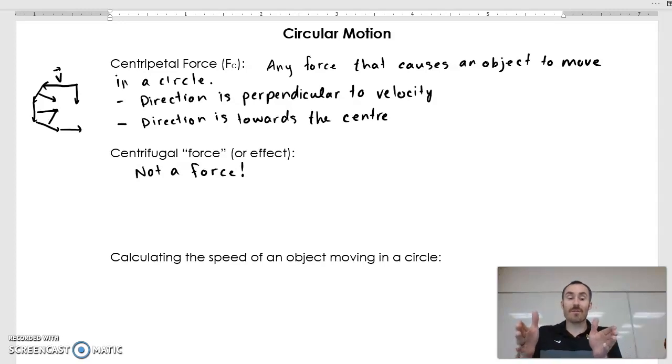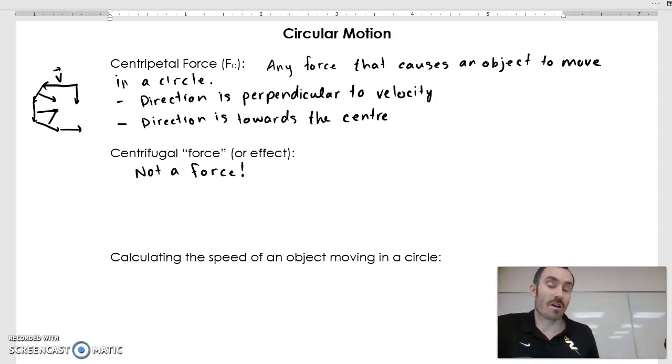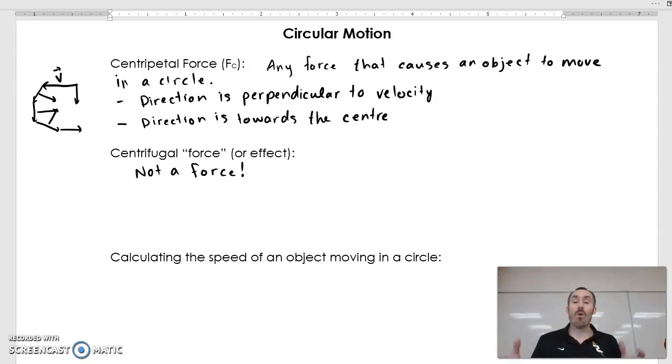If I'm going around the curve this way, I feel like I'm being thrown to the outside, or I'm thrown to the door side of the vehicle. Okay? Or if you are in a spinning midway ride, you feel like you're being pressed against the wall as you go around. That's the centrifugal effect.